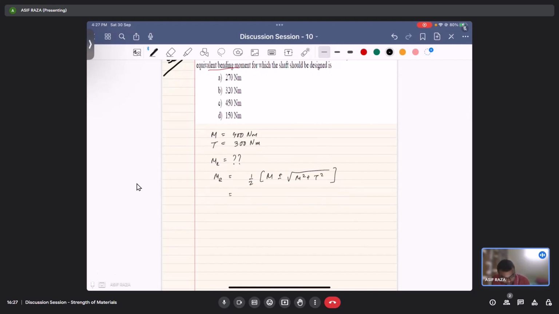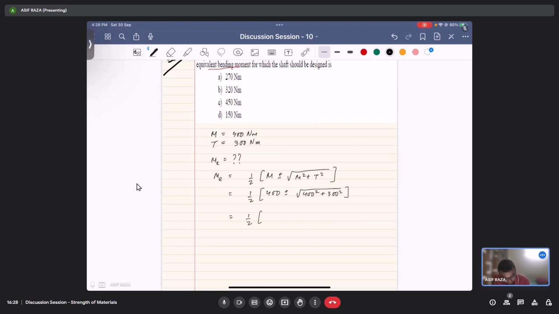This would be equal to half of 400 plus minus root of 400 square plus 300 square. This would be equal to half of 400 plus minus 500.